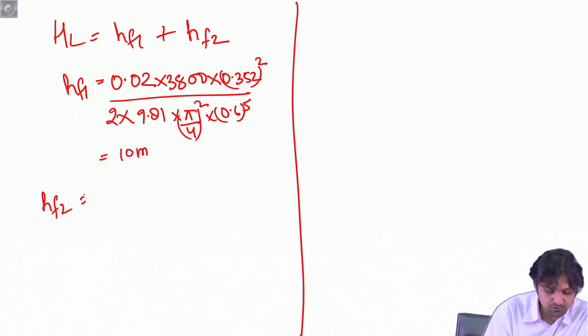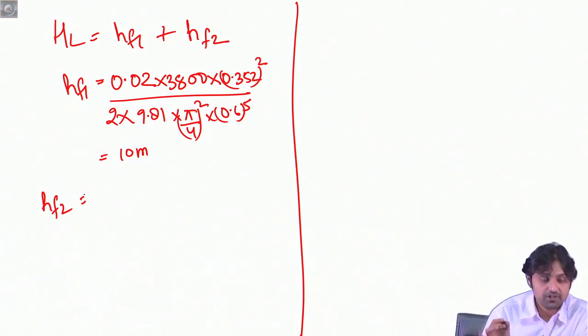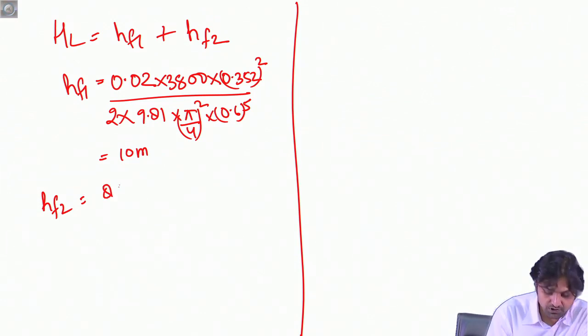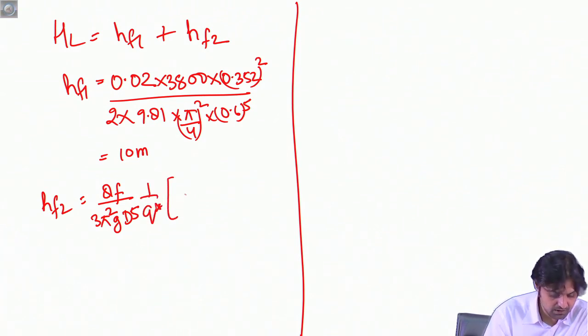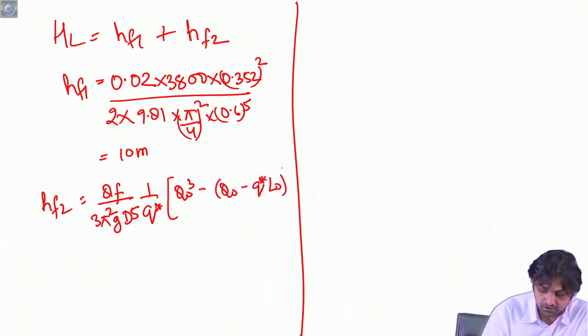What is Hf2? It is the last 1200 meters where we have derived that equation, which was 8f divided by 3 pi square g d to the power 5 into 1 by Q star into (Q naught cube minus (Q naught minus Q star L naught) whole cube). And if you solve this with the appropriate values of f as 0.02 and other things, you will get Hf2 as 1.053 meter.